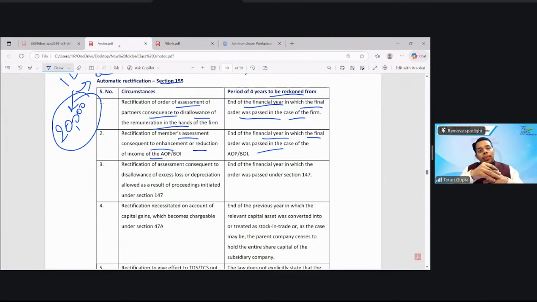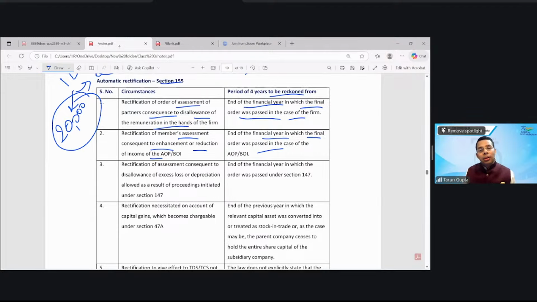But subsequently, my return for the first year in which I claimed the loss was assessed under section 147, income escaping assessment, and the AO held that there was no loss. The AO deleted the entire loss.